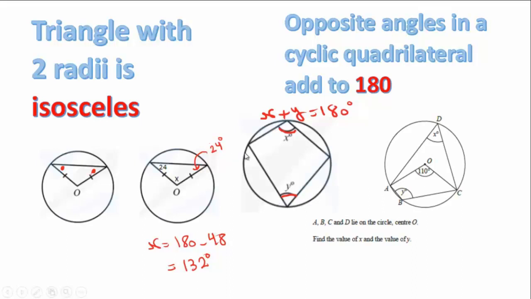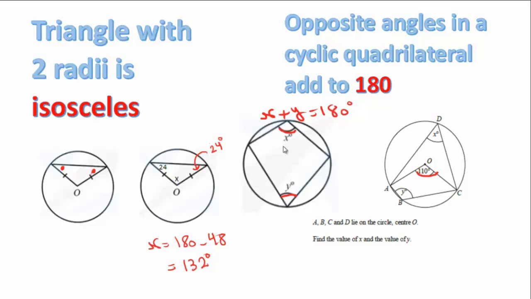A, B, C, D lie on the circle. So when you take a look, you will find that this shape here is a cyclic quadrilateral. We need to find the value of x and the value of y. How can we do that? Let's use the data we have on the diagram. We have here this angle is 110.